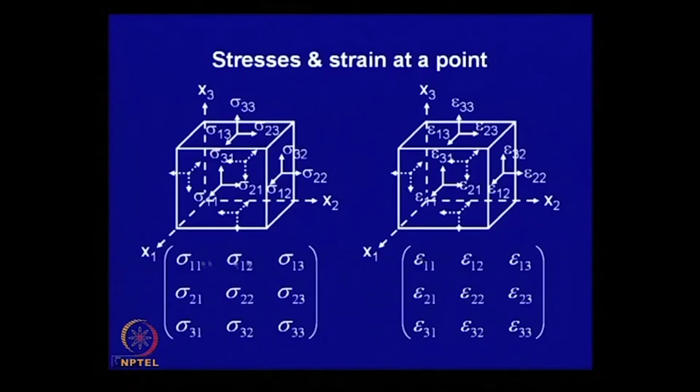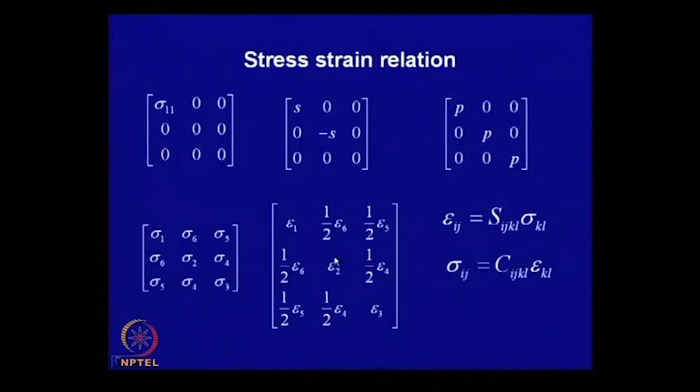So, you have 6 components of stress, 6 components of elastic strain. Now, the advantage of this kind of matrix representation is that it helps you to transfer the state of stress from one reference axis to another reference axis. Very often those who are familiar with stress analysis will know that stress at a point can be defined with respect to a reference axis.